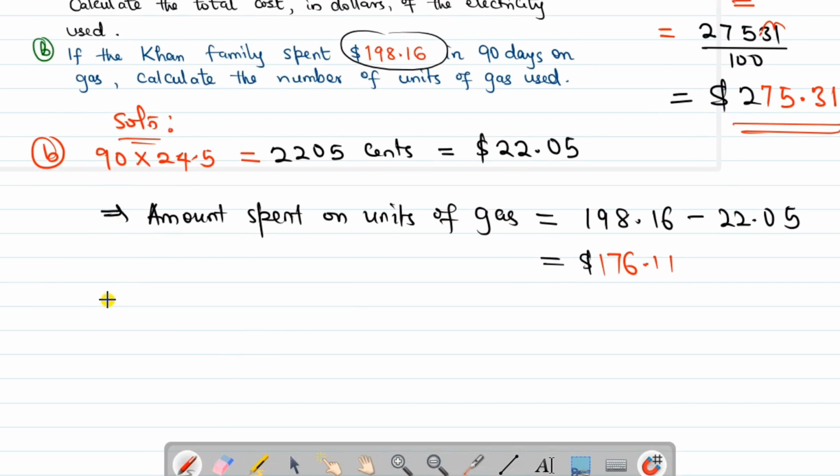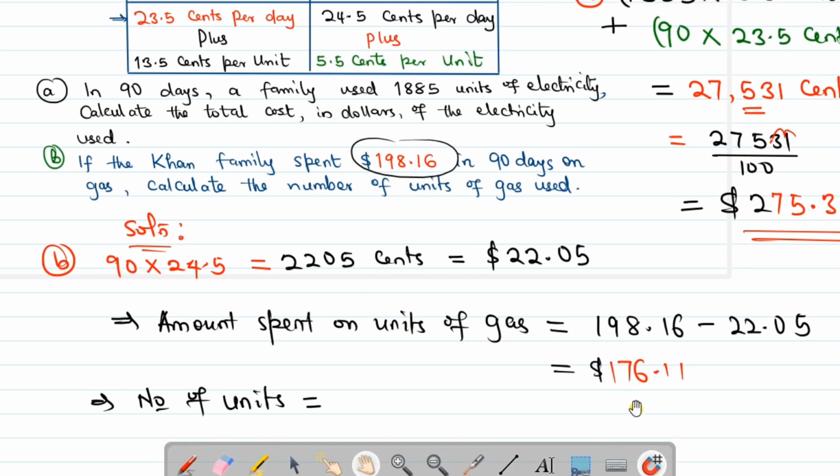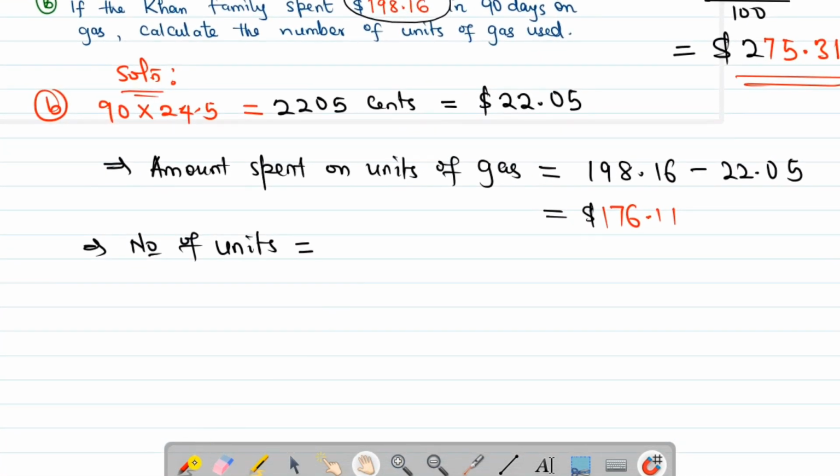To now get the number of units, the number of units of gas used will simply be equal to the total amount divided by the amount per unit, and the amount per unit is 5.5 cents. You can see this one is in dollars while the one below is in cents, so we can move everything to cents or leave it in dollars.